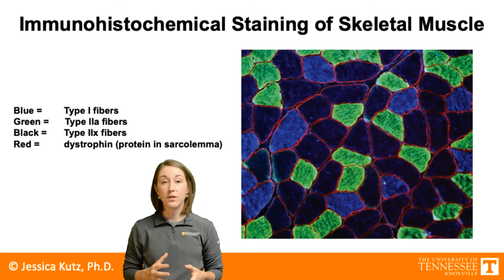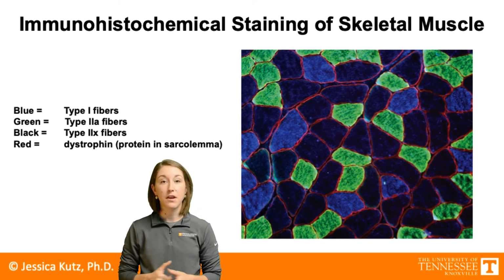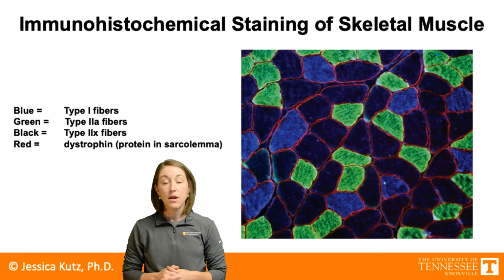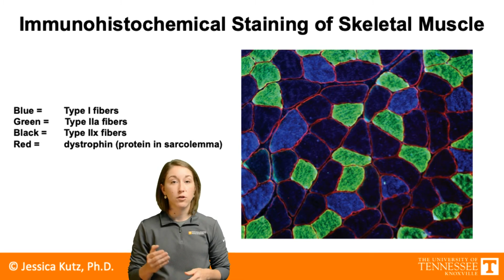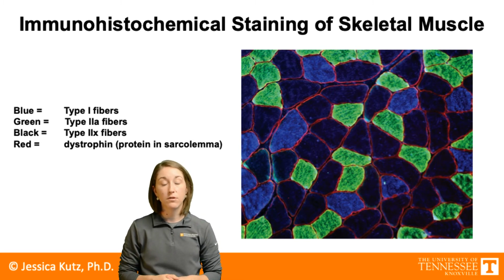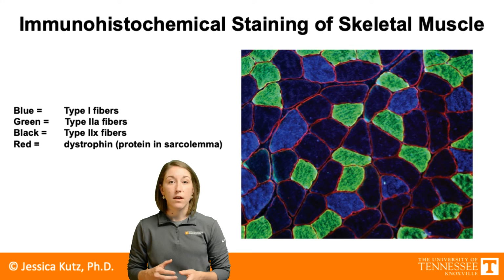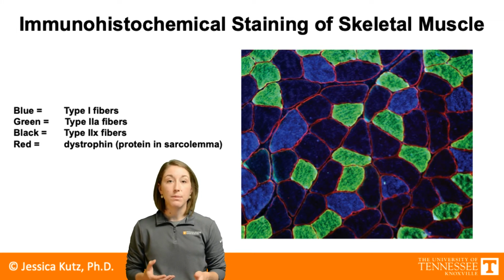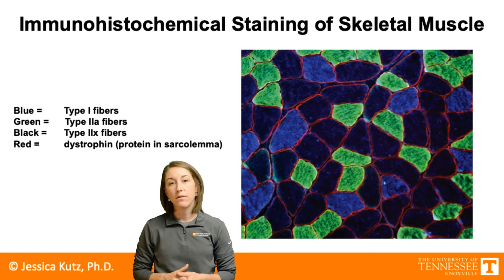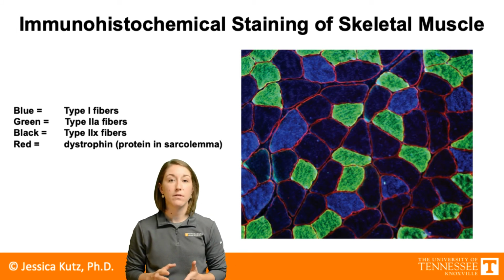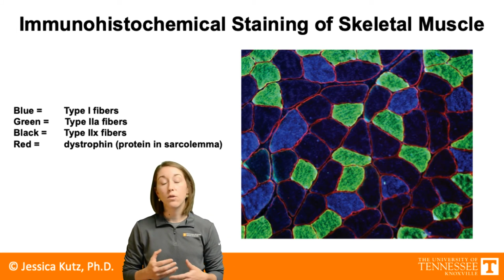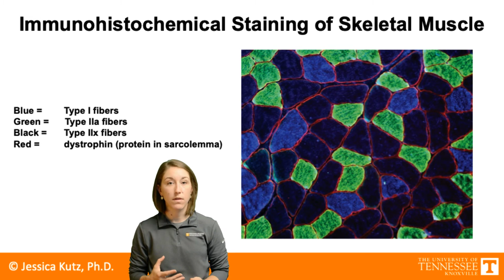This slide shows a really neat immunohistochemical staining of muscle fibers. And what's really neat about this is it shows you the different fiber types. So you'll see our slow fiber types are blue, or our type 1. Our intermediate fibers are green, and our type 2X fibers are in black. But what you'll notice on this figure is the red lines. And the red lines are showing you the dystrophin that's within the muscle.